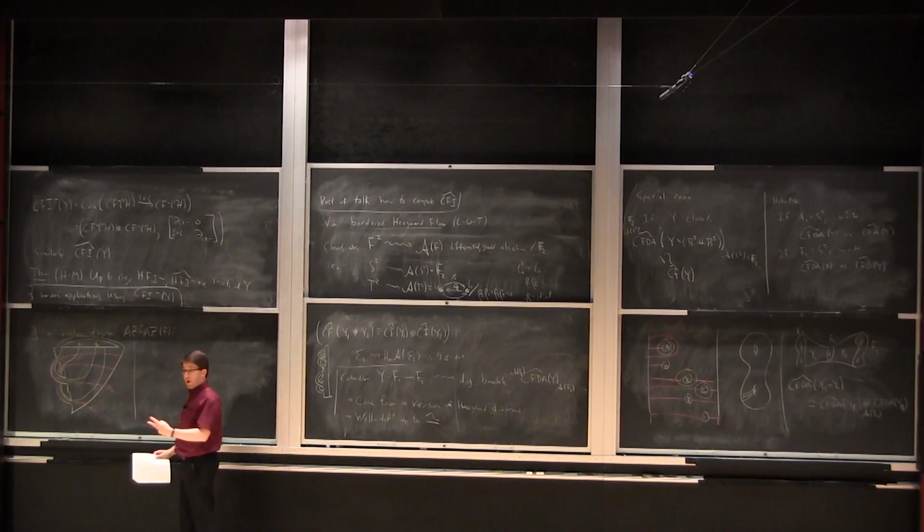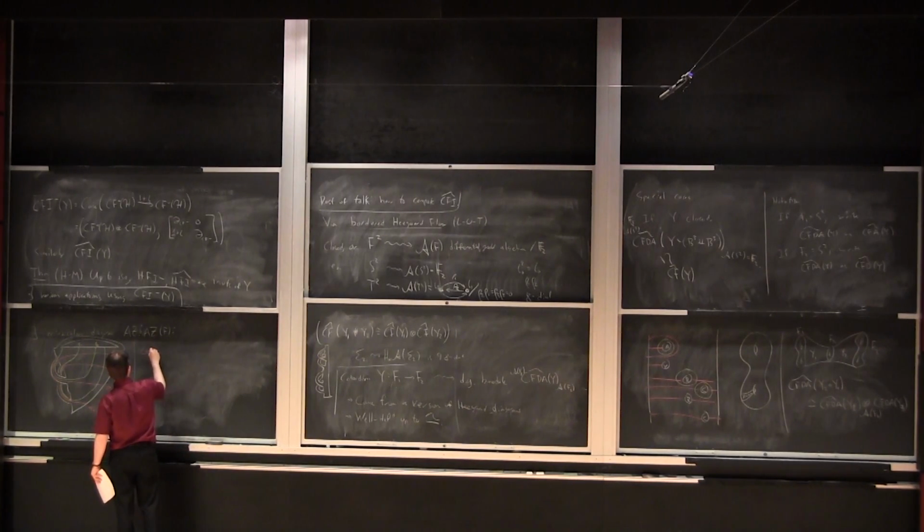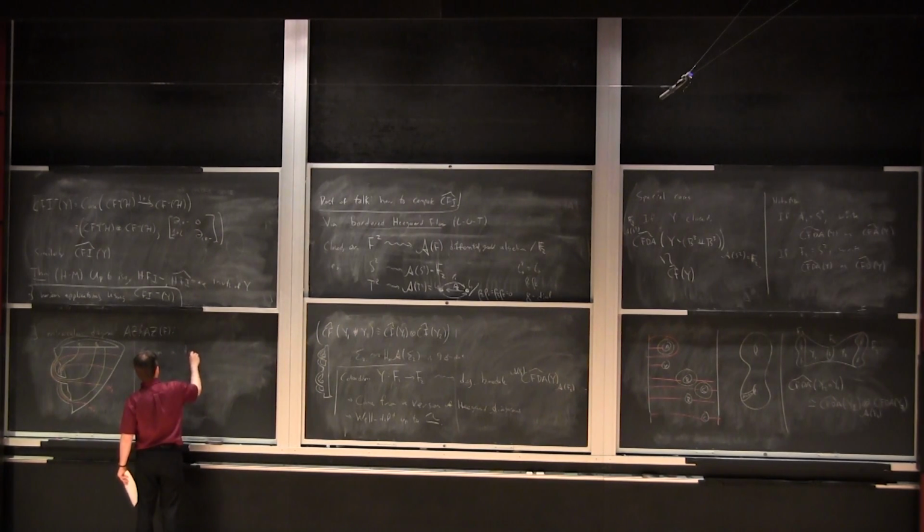it has two great properties for us. One is, given a diagram H for a 3-manifold with boundary F disjoint union S2.